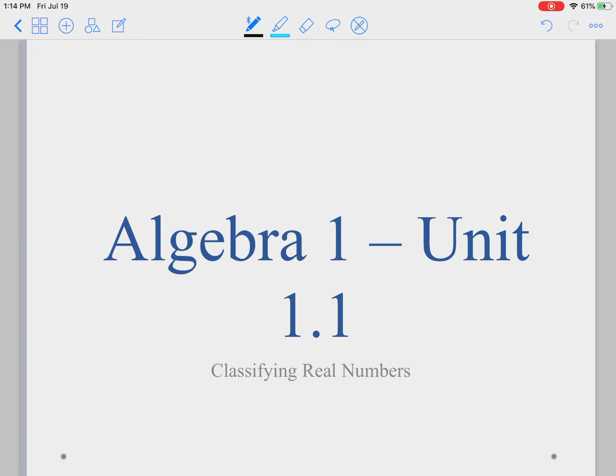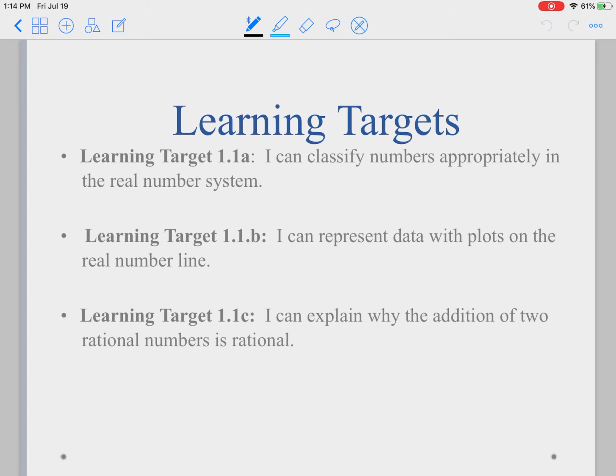And in this unit, our learning targets, we will have 3 of them, which you will notice are correlated to the unit number. So you'll see learning target 1.1a, 1.1b, and 1.1c.